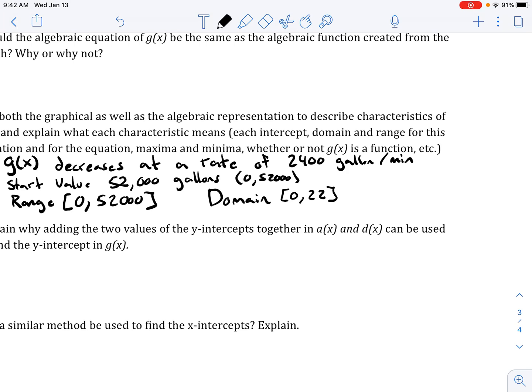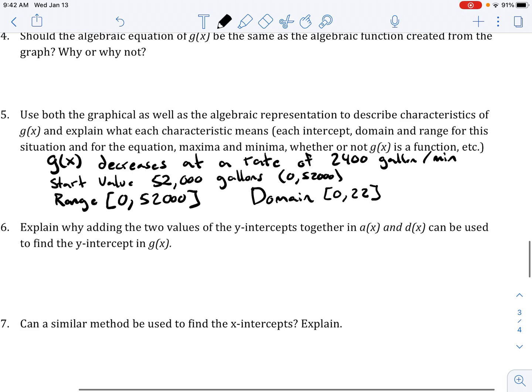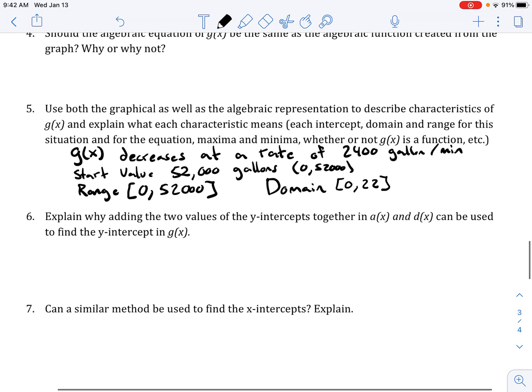And we could actually plug in to solve to make sure it's 22 minutes. I didn't actually do that. The maximum would be 52,000 gallons at 0 minutes, and the minimum would be 0 gallons at about 22 minutes.